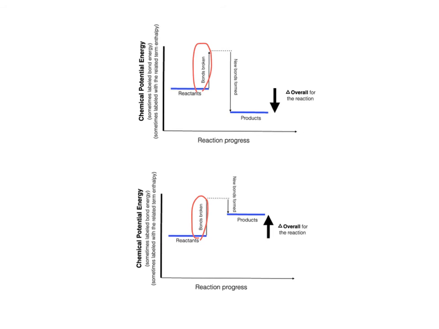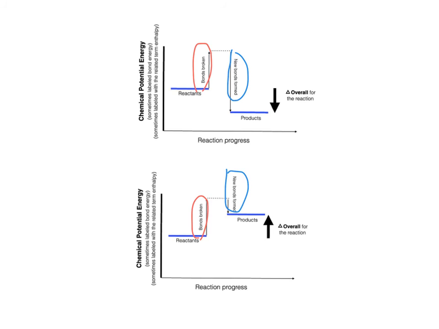That's because breaking bonds is an endothermic process. It requires energy. And then when new bonds are formed, that is an exothermic process, and energy is released. So those steps are always those steps. Breaking bonds is always endothermic. New bonds forming is always exothermic. But then the difference there is in the relative sizes of those arrows.